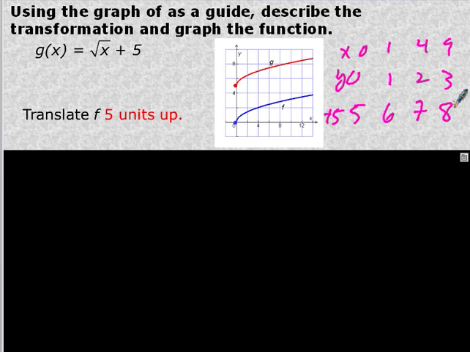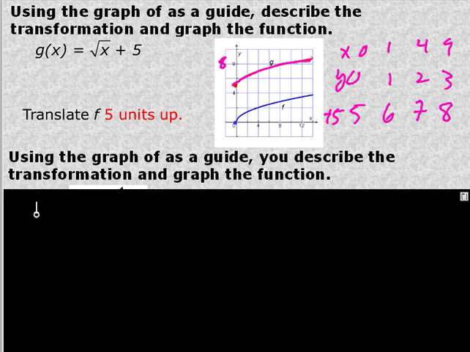And I'm not sure. So 3 should be, oh, so 9 should be at 8. I guess that's an 8. That's where my problem is. This should be an 8, and I thought it was a 6. So anyway, those would be your new points. You would graph this, and you would be done with it.